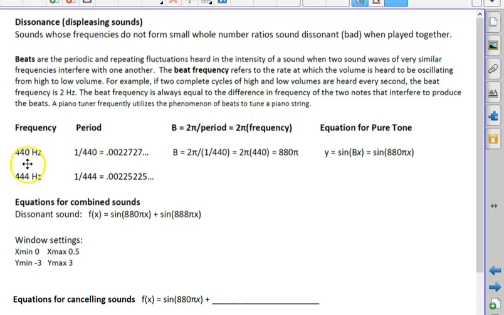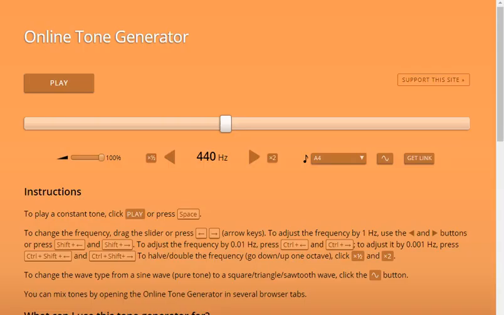Okay, so I'm going to show you a beat frequency using the 440 and the 444 Hertz. So we're playing 440 Hertz. Now, let's make this 444. Oh, sorry, I forgot. This is the 440.